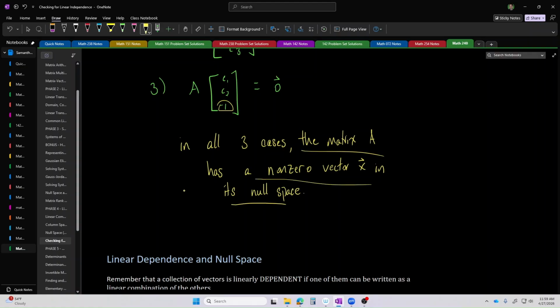And so that gives us a pretty convenient way to check whether a collection of vectors is linearly independent versus linearly dependent.